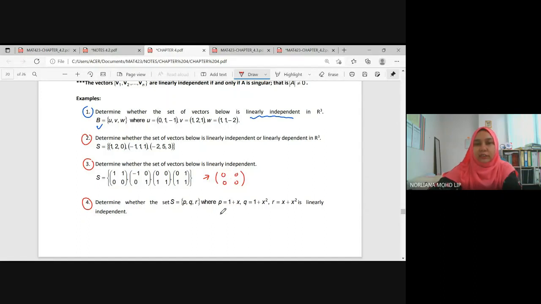Betul tak? Kalau yang ni, number 4 is vector in polynomial form. Boleh. Ni polynomial degree 2. Kita tengok dia higher degree lah kat sini, x square kan. So kat sini mesti dia punya polynomial P2 lah.